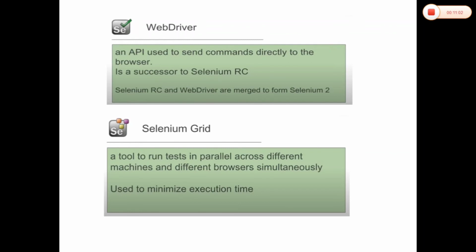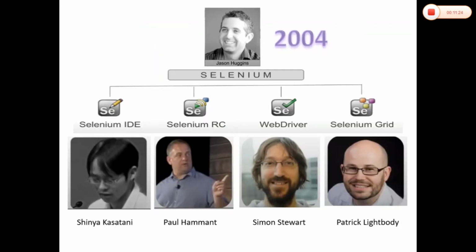It means we can execute multiple test cases on different machines, and in less time we can get the report also. Currently WebDriver and Selenium Grid are going on in the market, highly recommended and highly demanded. So these are the four components of Selenium.